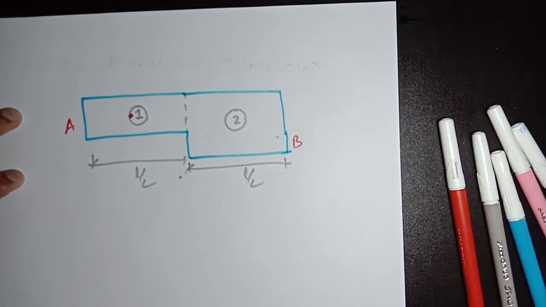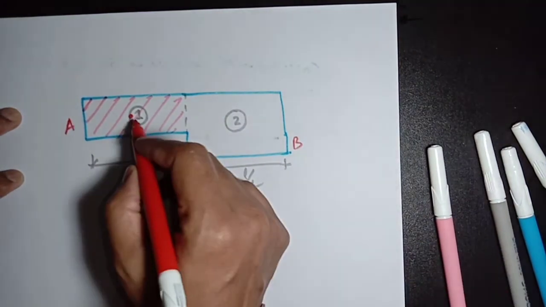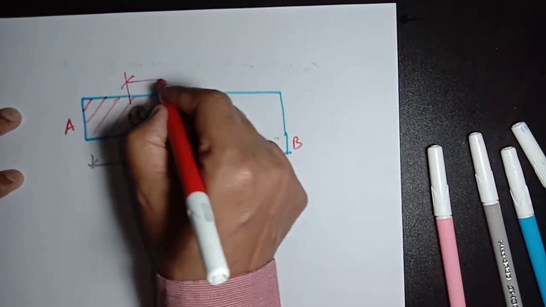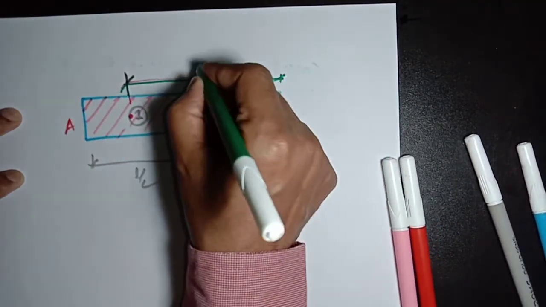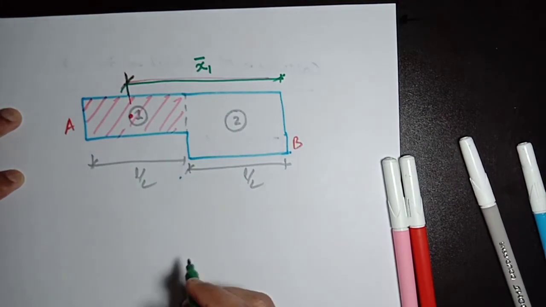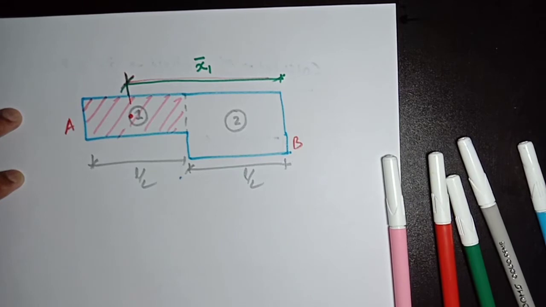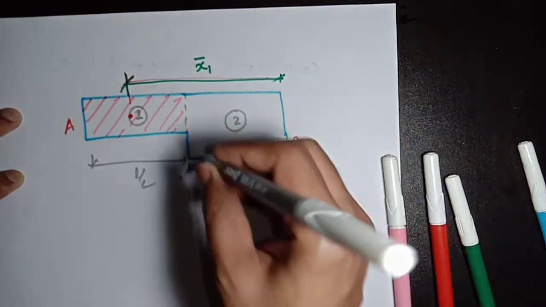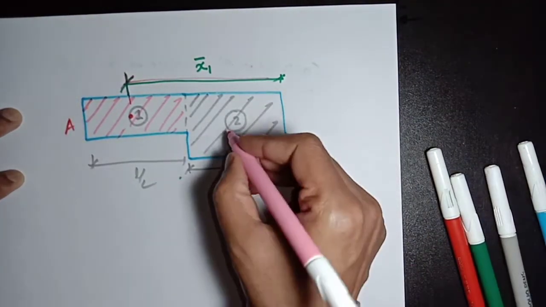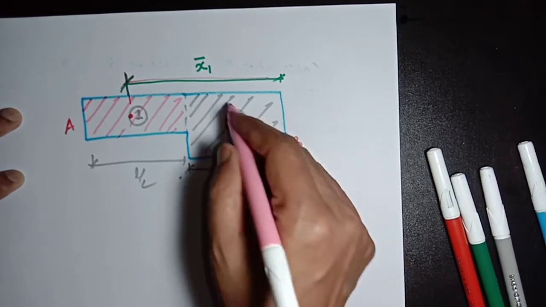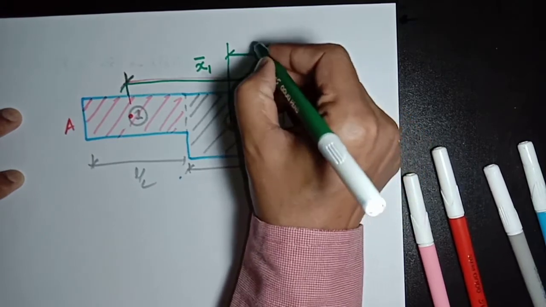This will be the x1 bar for this region. Now for this other region, the centroid will be at the center of this rectangle, so x2 bar will be from here to here.